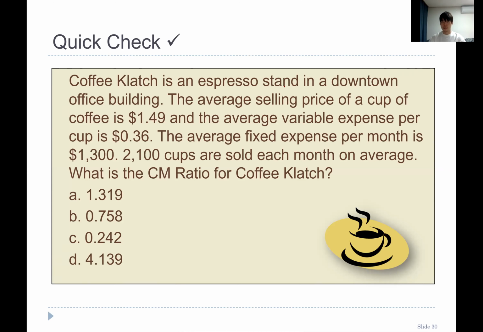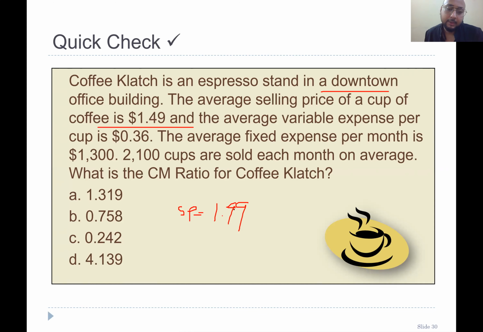So Coffee Clutch is an espresso stand in a downtown office building. The average selling price of a cup is $1.49. So we have 1.49 as the selling price, SP.